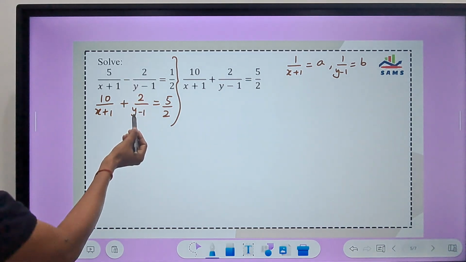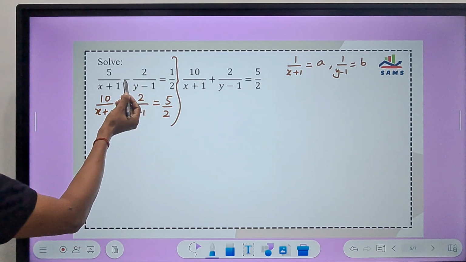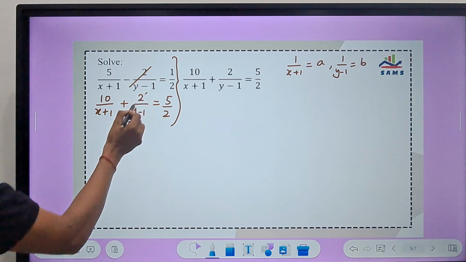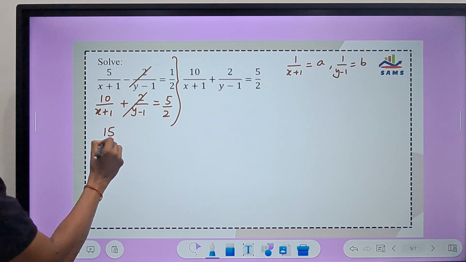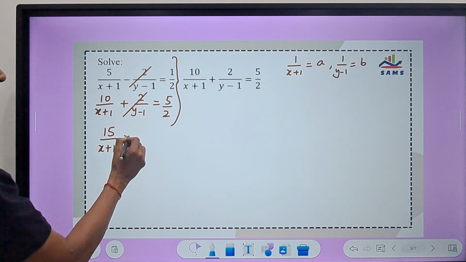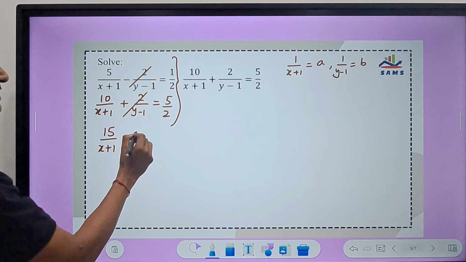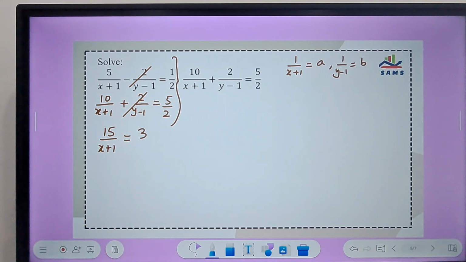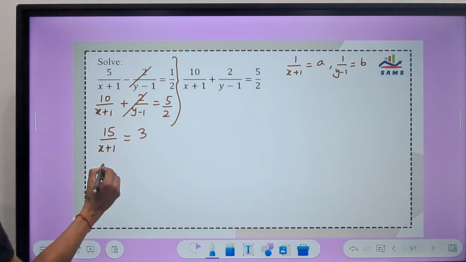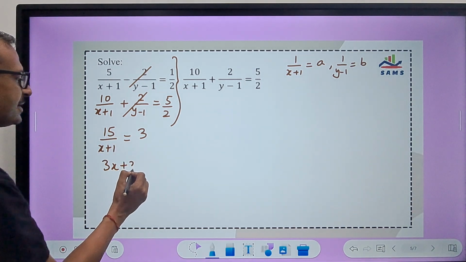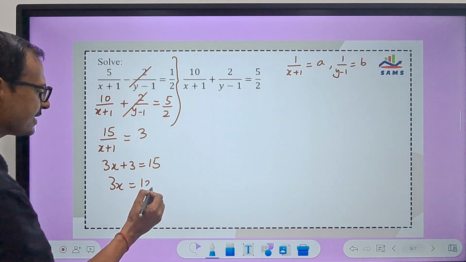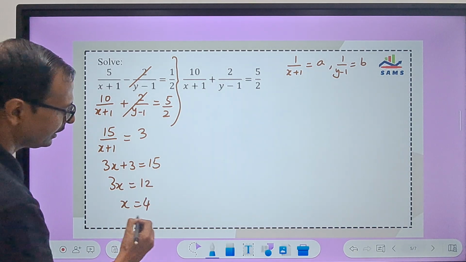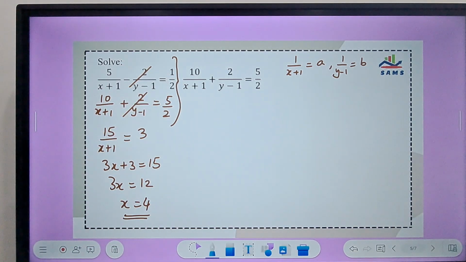And you can see this term is exactly the same, and this is minus, this is plus, so this gets cancelled directly. And 5 plus 10 is 15, so 15 upon x plus 1 will be equal to 1 by 2 plus 5 by 2, which is 6 by 2, and that is 3. Pretty easy from here, right? Just cross multiply this, you will get 3x equals 12 and x equals 4. See, direct answer, no substitutions required.